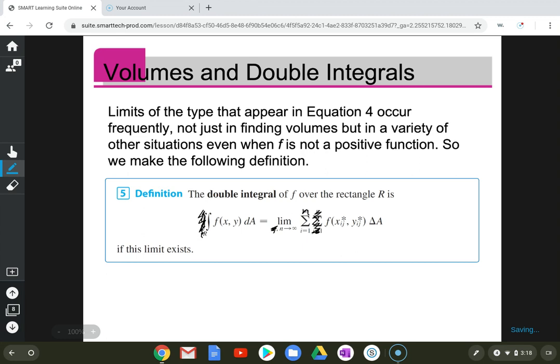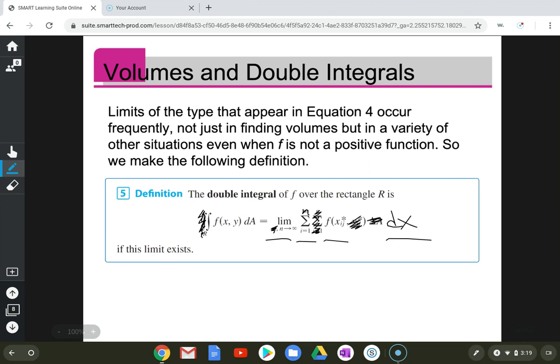In the past, it's been a long time, but we did the limit when we found the exact area using rectangles: the limit as n approaches infinity of the sum as i goes from 1 to n of f of x sub i, so whatever the height was at that point, times dx, which is the width of the rectangle, right?